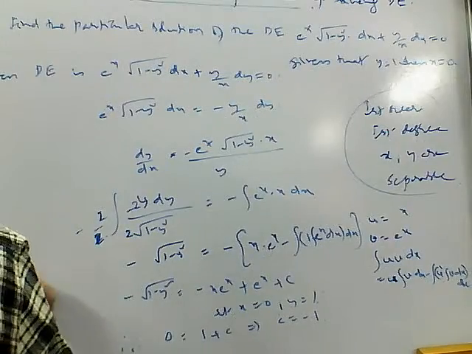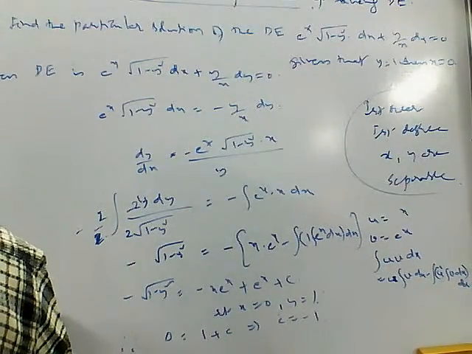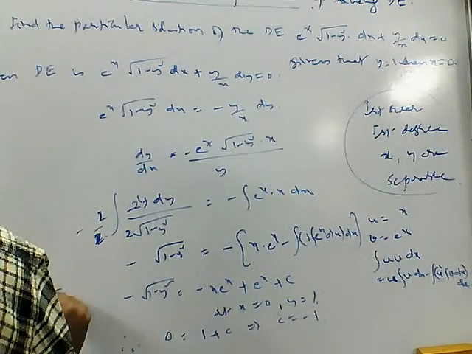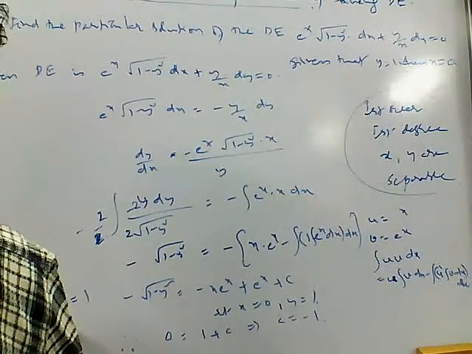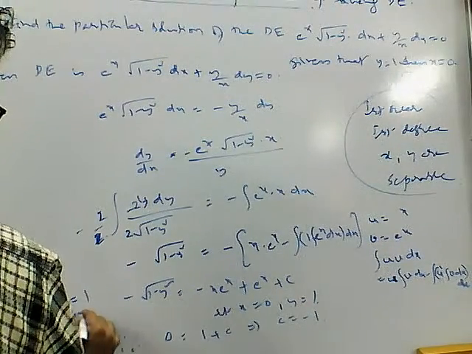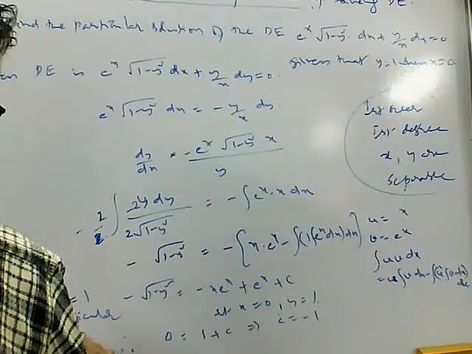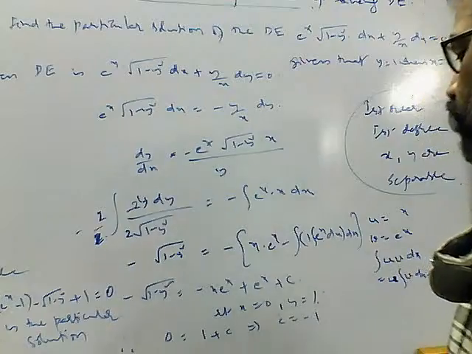Hence x into e power x minus e power x minus root of 1 minus y square is equal to minus 1, that is x e power x minus e power x minus root of 1 minus y square plus 1 is equal to 0 is the particular solution, because c is equal to minus 1.